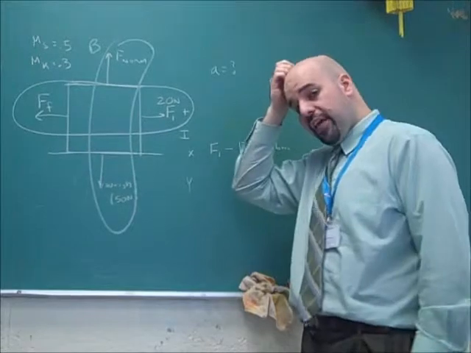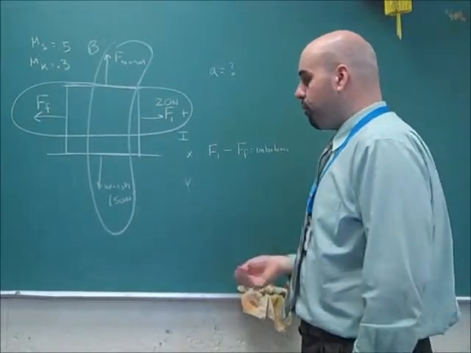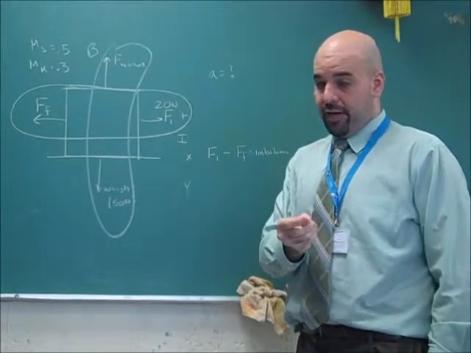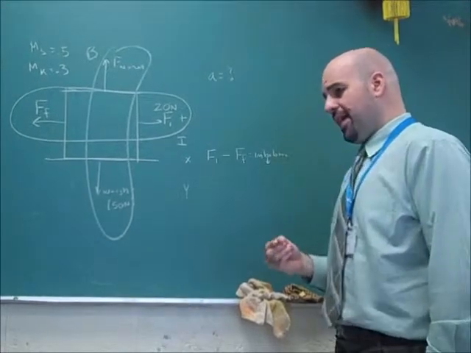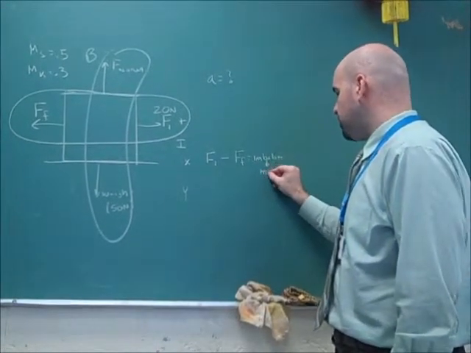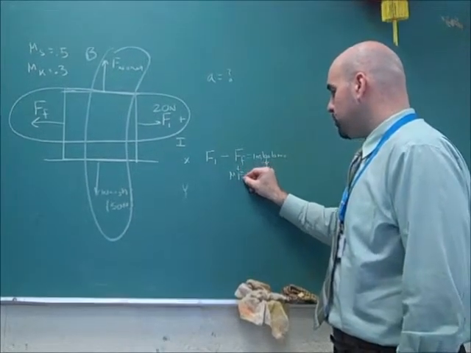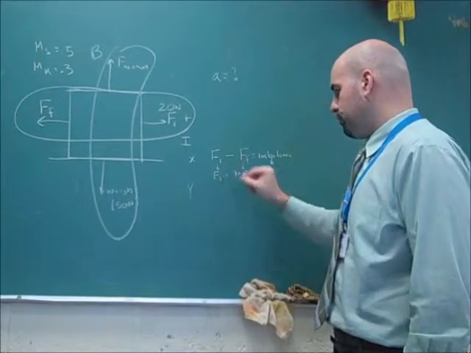I'm not going straight to ma because I need to recognize what's happening here, and writing that word will be a definite mental reminder for you. There's a lot of stuff to keep track of. Imbalance. Newton said that the imbalance is called mass and acceleration. Friction is mu times the normal force, and the force F1 is what we're given.